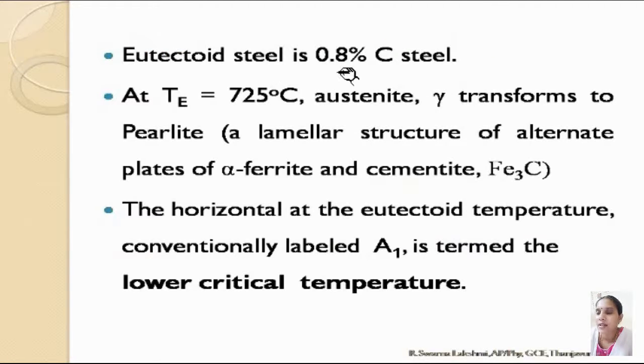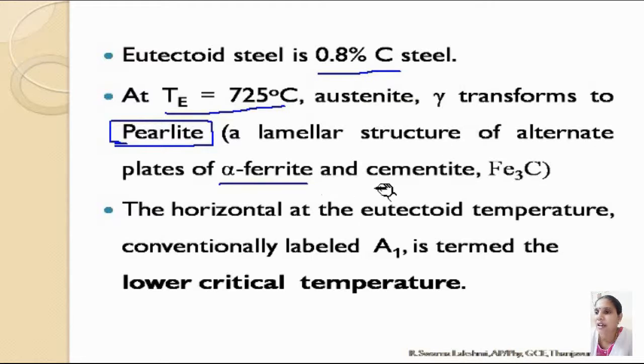So eutectoid steel is 0.8 weight % carbon steel. At eutectoid temperature, austenite transforms, and there is a special way in which the transformation takes place. A lamellar structure of alternate plates of alpha ferrite and cementite is formed.